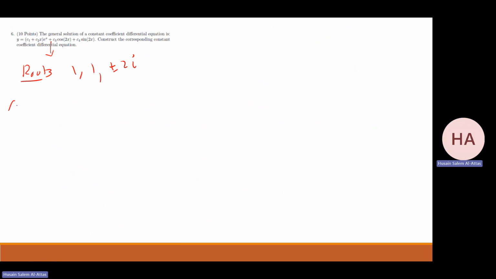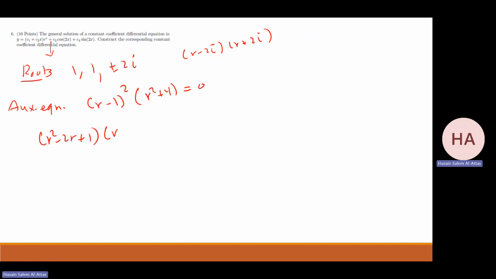Okay. So the auxiliary equation will be what? (r minus 1) squared. And here I have (r minus 2i)(r plus 2i), which is r squared plus 4 equals 0. So you have (r squared minus 2r plus 1) times (r squared plus 4) equal to 0.